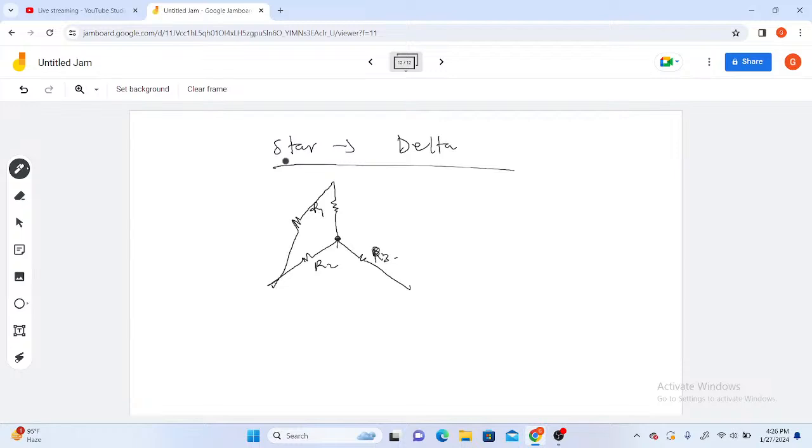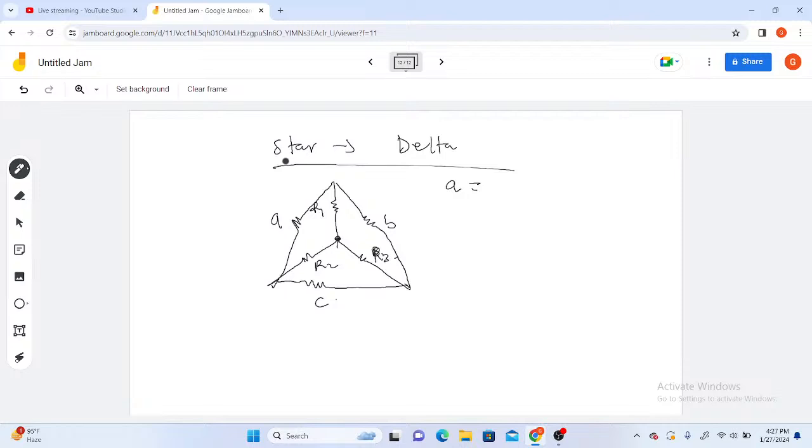So you close this part with a resistor A, this part with another resistor B, and finally we close this end with another resistor C. You can see that we have the delta outside and the star inside. Upon finding the values of A, B, and C, I can clean away my star within and I'll get my delta outside. So how do I find A, B, and C?